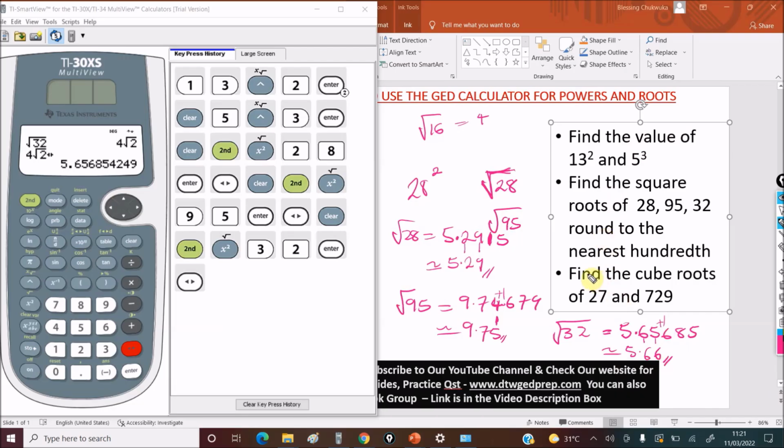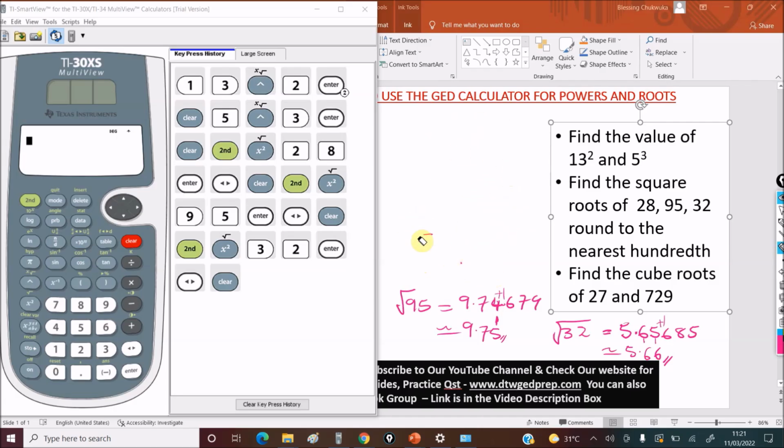Now let's look at how to find our cube roots. Okay? So we clear. Now for cube root, remember cube root is when we have something like this. Please, I have to erase this. Let me erase all this, so I have some space here to write.